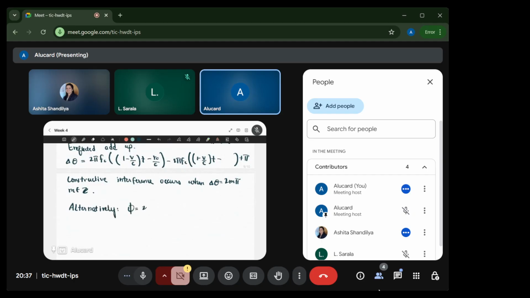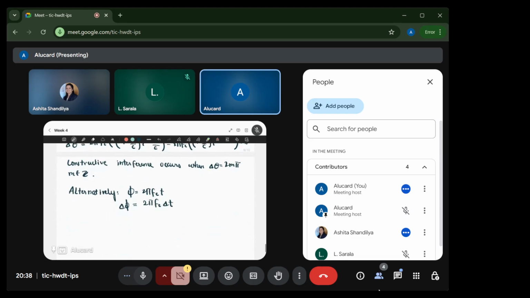If phi is 2 pi fc t, the phase is, of course ignoring the Doppler effect, so the change in phase between the reflected and direct components is 2 pi fc delta t. And we know that c is delta s by delta t, so delta t is delta s over c, giving 2 pi fc delta s over c.